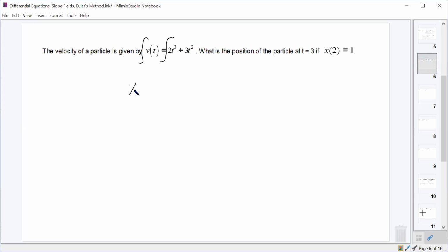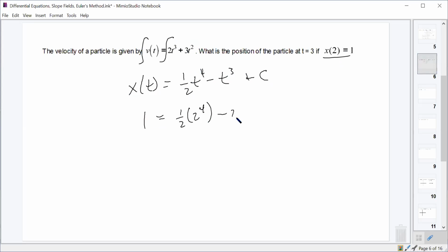So the position is equal to the integral of this, which is 1/2 t to the 4th plus t cubed plus some constant. And we should be able to plug in 2 for t to get out 1 for x. So 1 equals 1/2 of 2 to the 4th minus 2 cubed plus c.